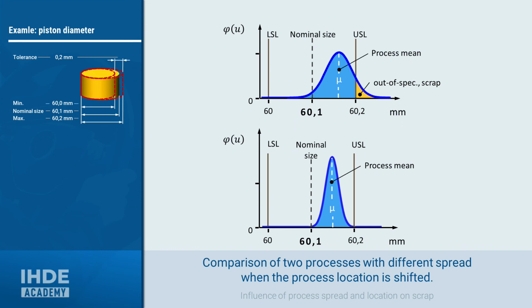Here, the 2 processes just presented are compared again. Above, with a wide spread and the subsequently increased proportion of rejects when the process location shifts. Below a process with a small spread. A shift in the process location to the same extent does not lead to a significant increase in rejects.